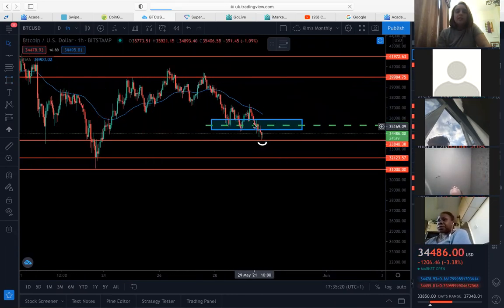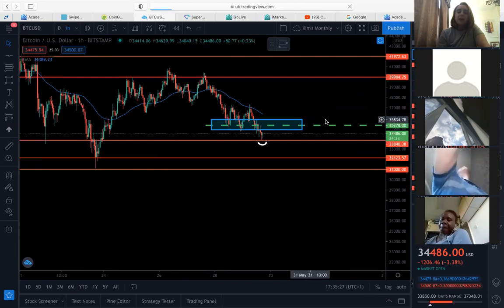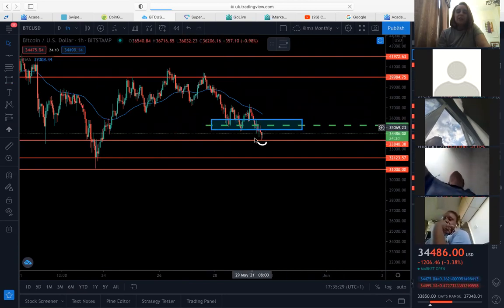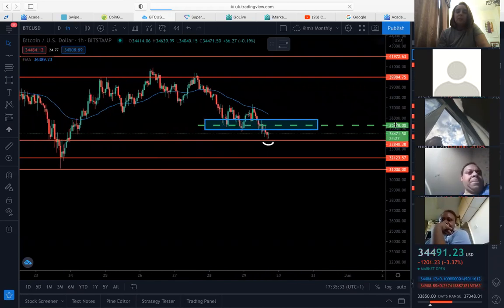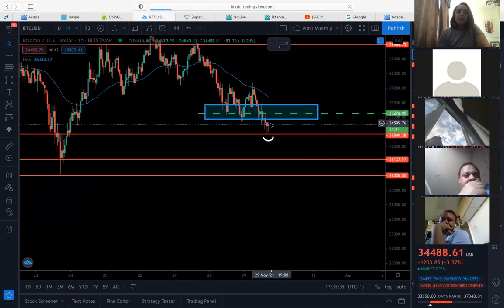Now you can see that this was a potential place for the buyers in this area, right? And this is why our green line was here as well. But now it's come under this, right? So now we need to see what price does here. Because if it rejects off of this area, we're going to push down further into these spaces here. Okay.